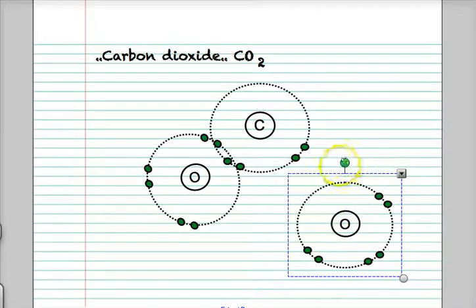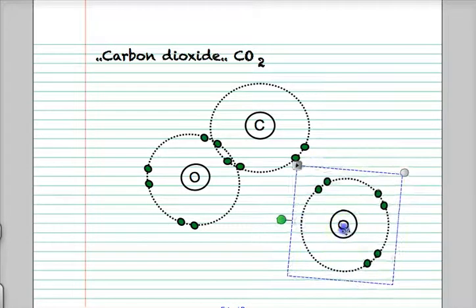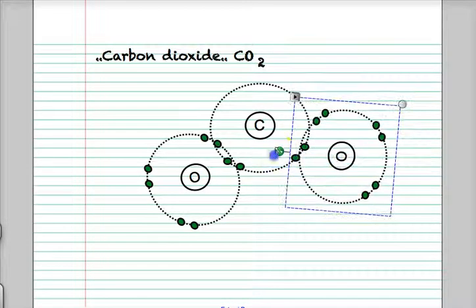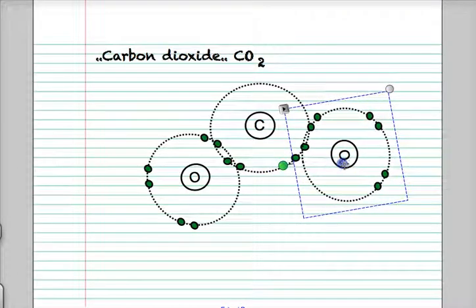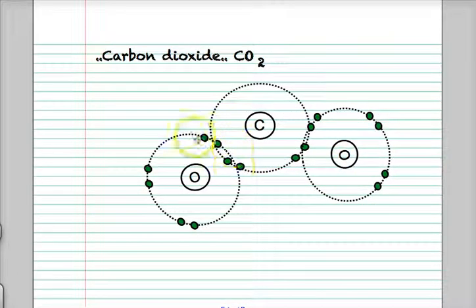And here, we're going to have to twist that around a bit more. A little more. Something like that. So now we can see this oxygen has 8, this oxygen has 8, and carbon, due to the sharing, also has 8. And here we can see we have a double bond between the carbon and the oxygen, a double bond between the carbon and the oxygen.